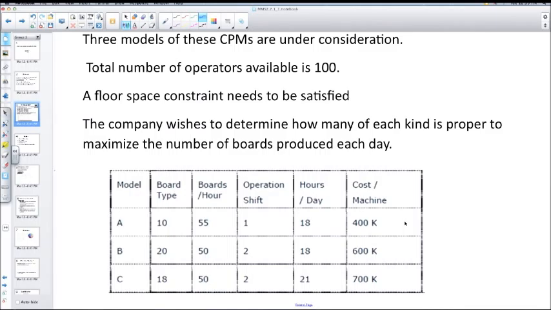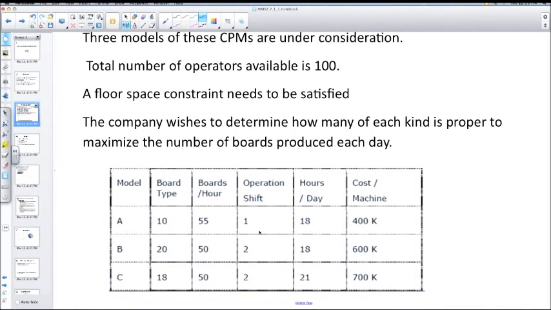And your objective is to maximize your productivity of those computer boards. It tells you the productivity per hour, per day, and you can put together an objective function. And that's a typical problem.